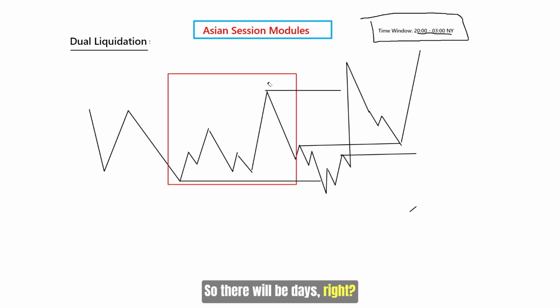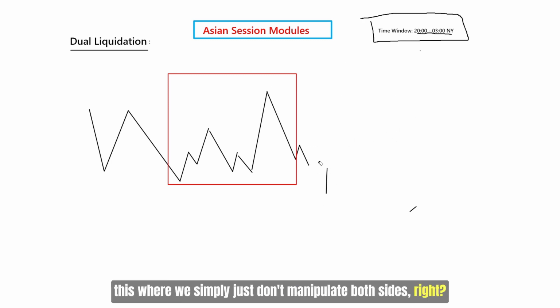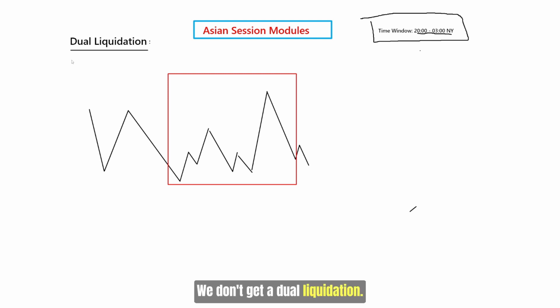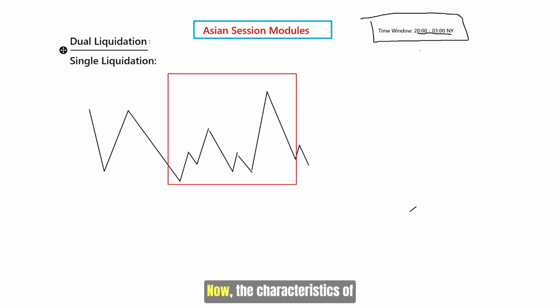So there will be days, and I don't want to extend myself too much with this, where we simply just don't manipulate both sides. We don't get a dual liquidation. We instead get a single liquidation module. Now, the characteristics of it are rather straightforward.